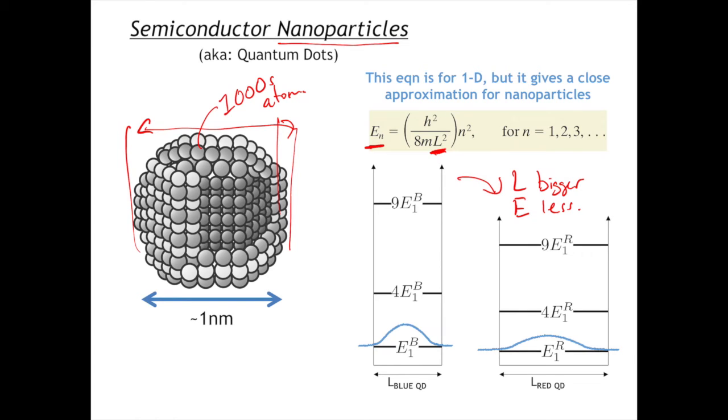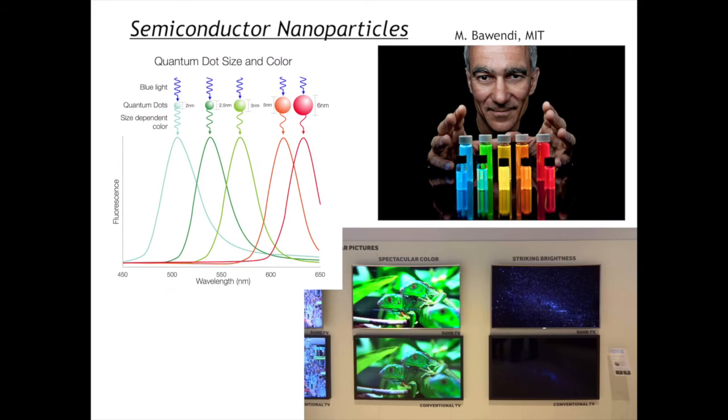And so it follows the same trend. This has been proven for nanoparticles. It's been proven for organic molecules. And so there's a lot of experimental evidence that basically you can follow the same trend. So even though this equation is just for a one-dimensional infinite box, it still gives us a close approximation to what's actually happening in real life.